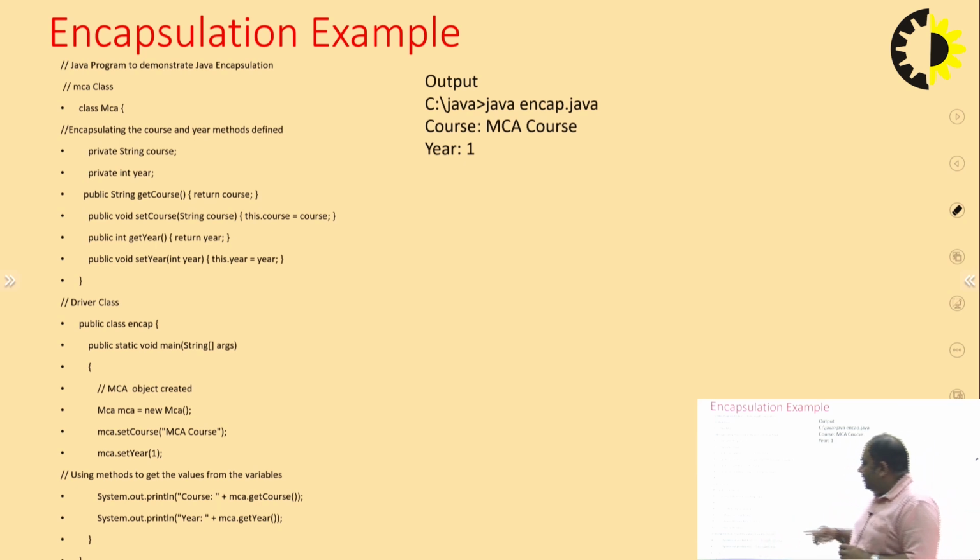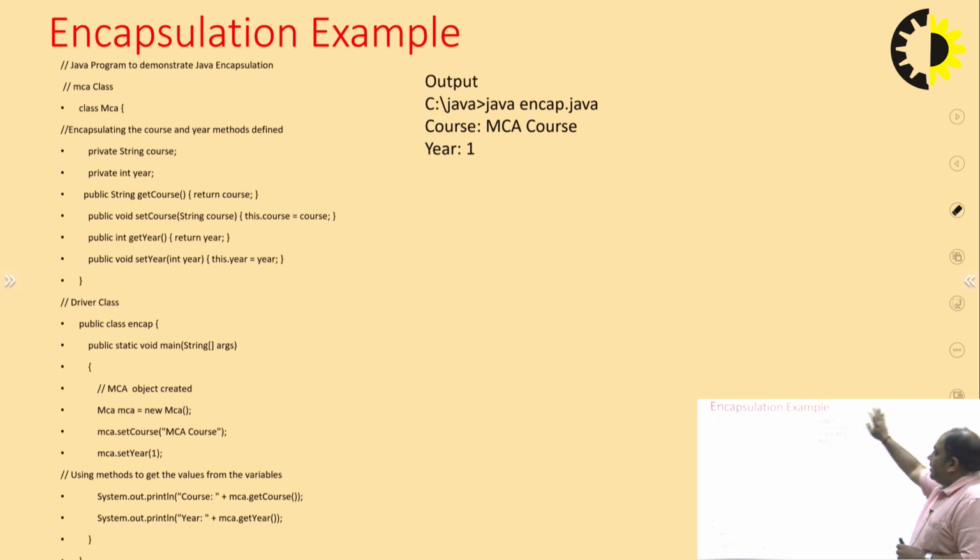We have set the value of course to MCA course. And then the MCA set value year is 1. So in course we have put the value MCA course and in year we put the value 1. Now we take a print of that. So it prints course, MCA course and year 1.